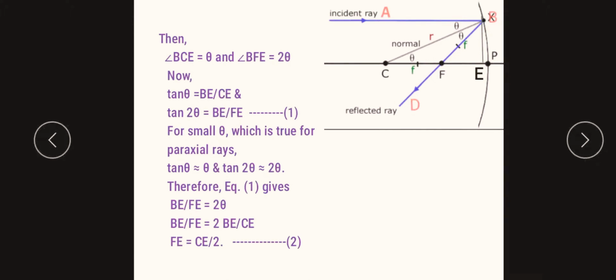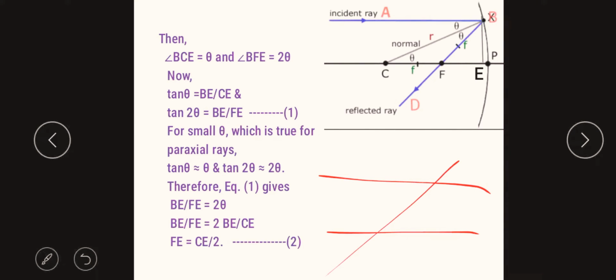How? See, if there are two parallel lines here, and a line cuts them like this, the opposite angles should be equal.